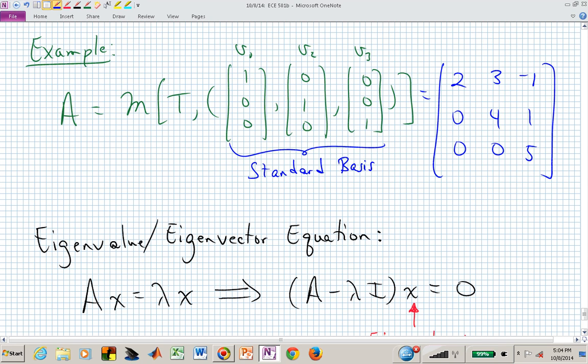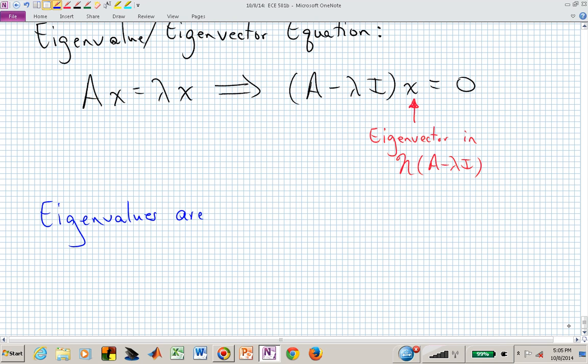Here we have an upper triangular matrix. The eigenvalues in this case are 2, 4, and 5. So now we know what the eigenvalues are. We can use those to try to find the eigenvectors.